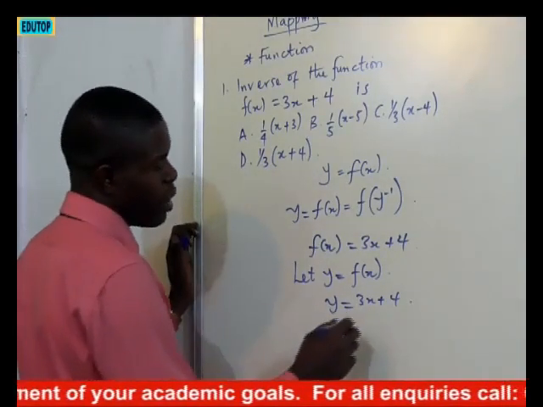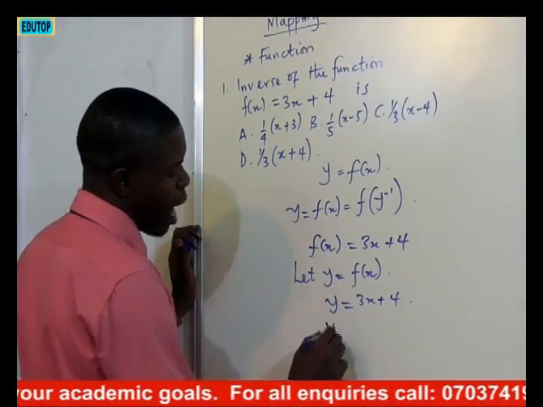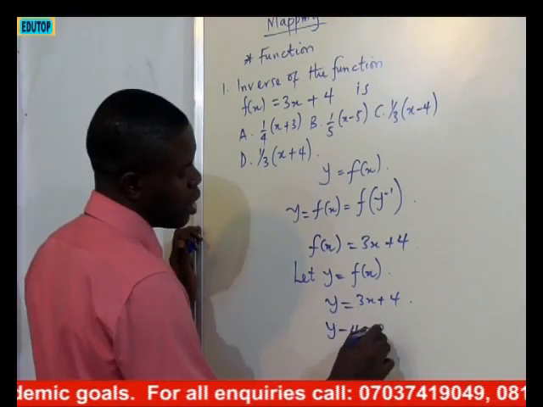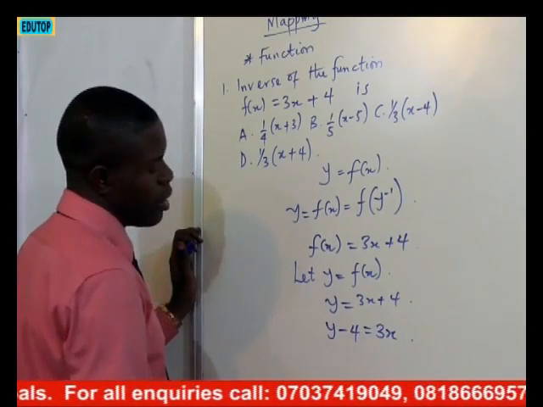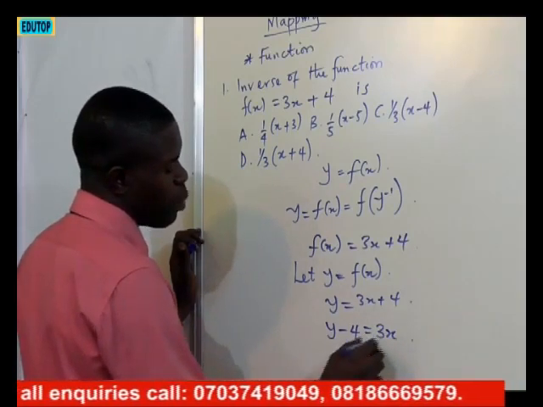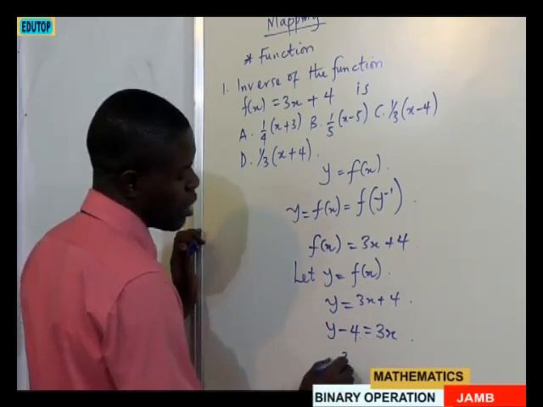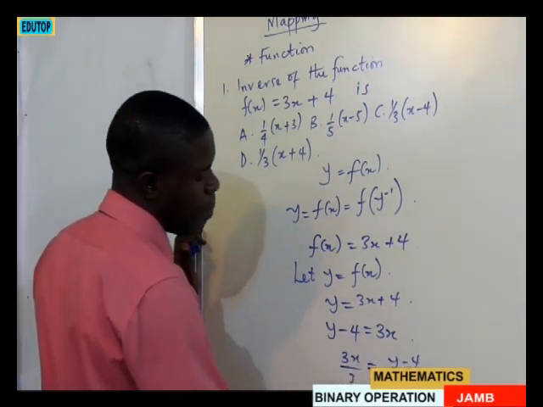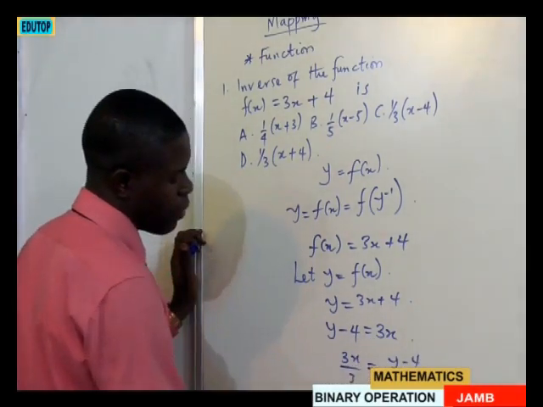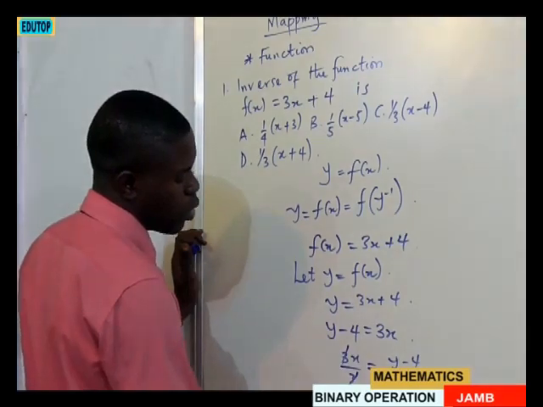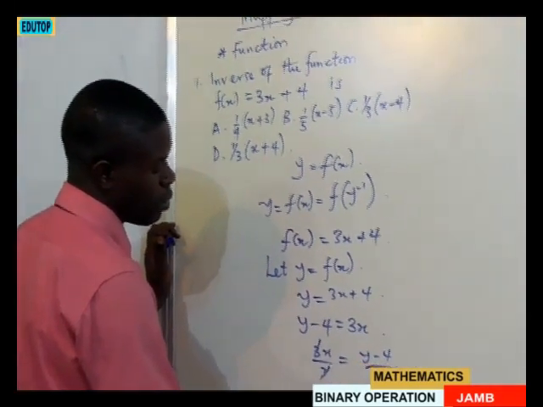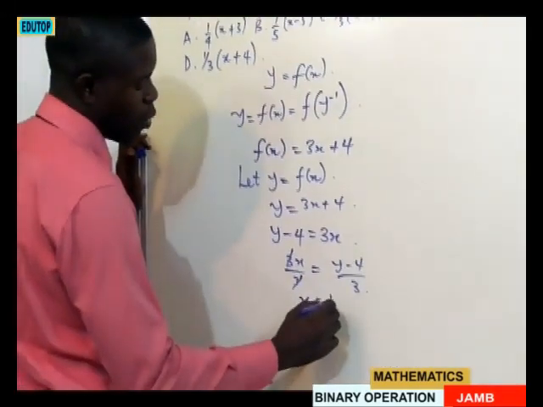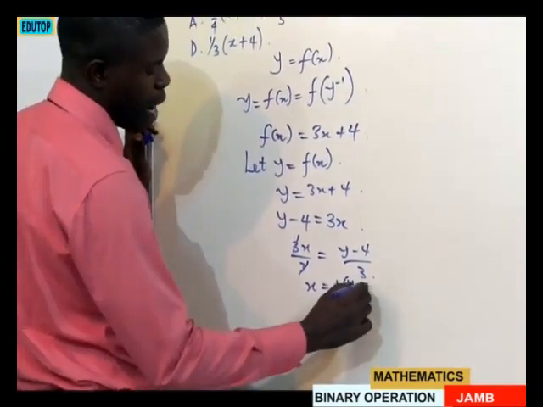You transfer this 4 to this side, and you have y minus 4 equals 3x. Then the next thing to do is to divide both sides by 3. Divide 3x by 3, also divide this one by 3. So then we have x equals 1 over 3 into y minus 4.